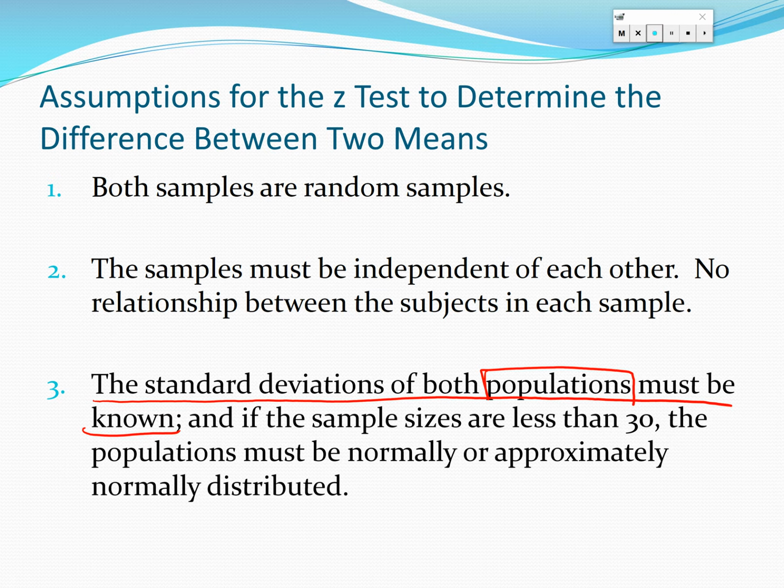For a z-test for a single mean, last unit in hypothesis testing, we had to know the population standard deviation. Now we're looking at a z-test for comparing two means. Population standard deviations we have to know. So if you haven't gotten it the last two units, here it is again, third time, the property hasn't changed. If we're doing a z-test, we need to know the population standard deviations.